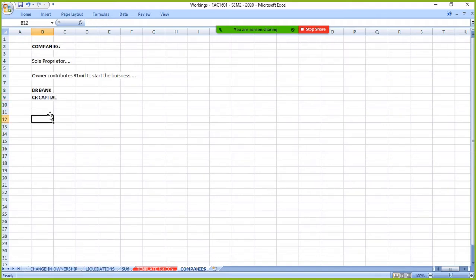The only thing that we need to consider now, because you've got companies, is that when we have companies, we need to consider the timing differences. Asterisk, because of the additional rules, regulations, red tape, all of that stuff that needs to go through the process.